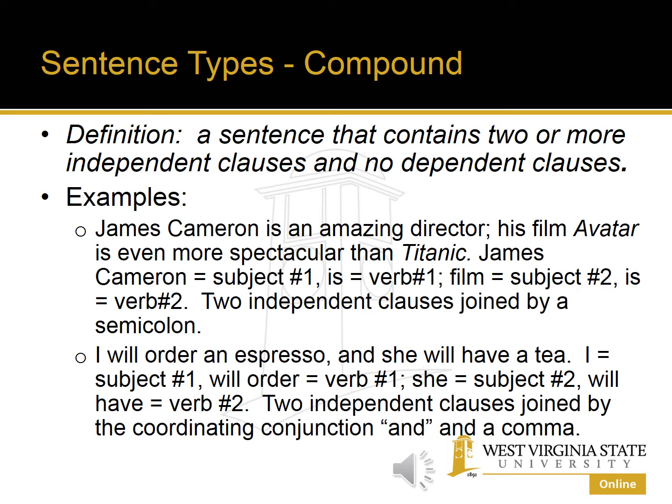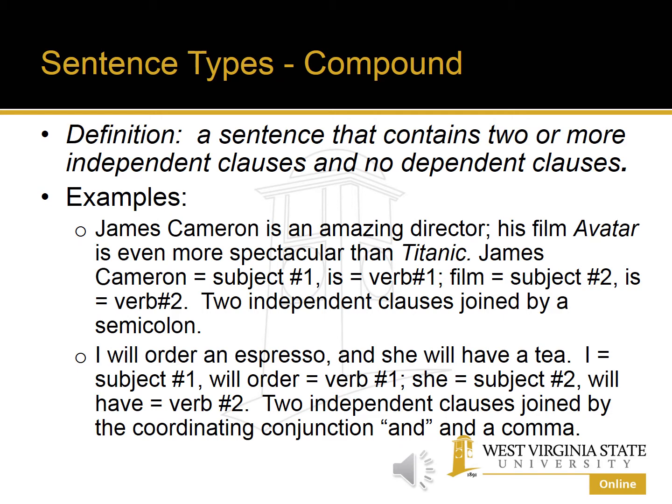James Cameron is an amazing director; his film Avatar is even more spectacular than Titanic. This is two independent clauses that make a compound sentence, joined by a semicolon. And as we learned in the semicolon lecture, that is one way to join two independent clauses into a compound sentence, using a semicolon.